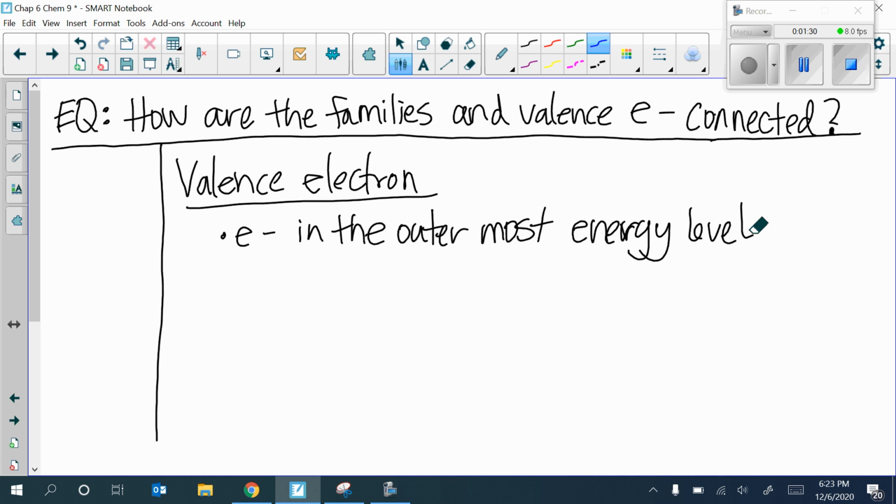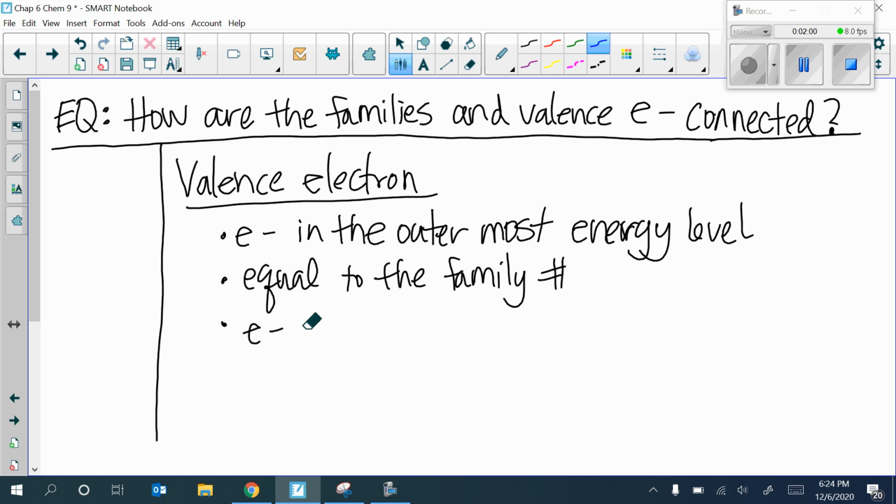This helps us tell how reactive an element is, how well it can bond with something else, in those outer energy level electrons, whether they are going to move or not. So the valence electrons are equal to or the same as the family number. And as I already said, these electrons are very important in bonding.